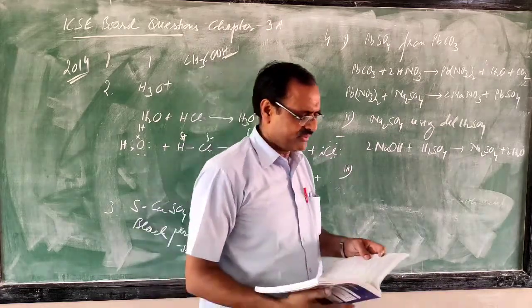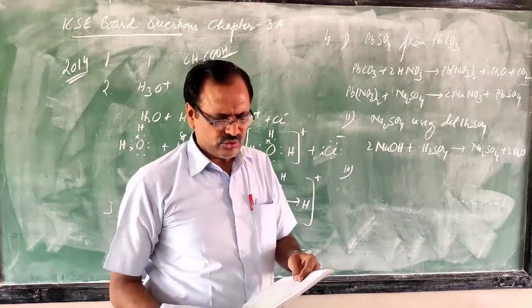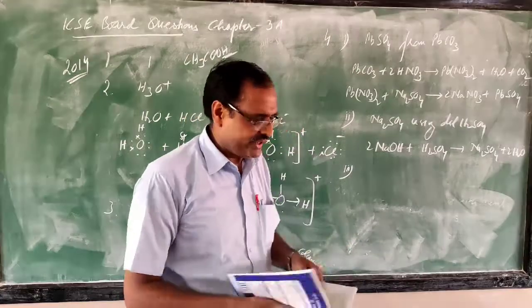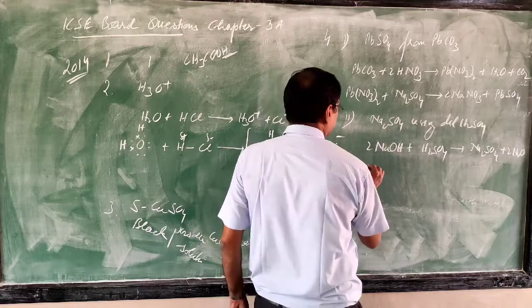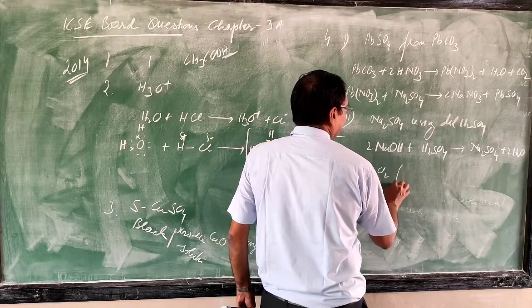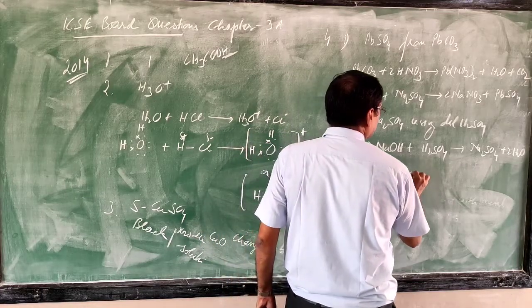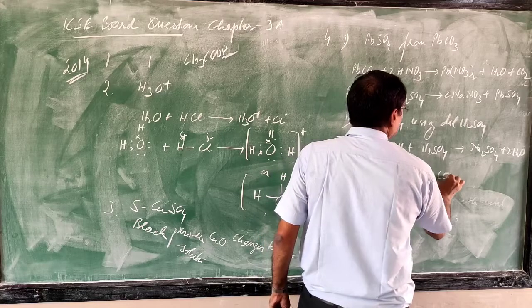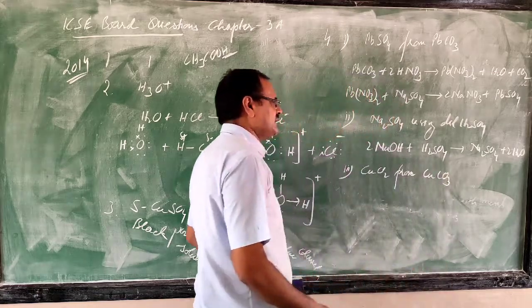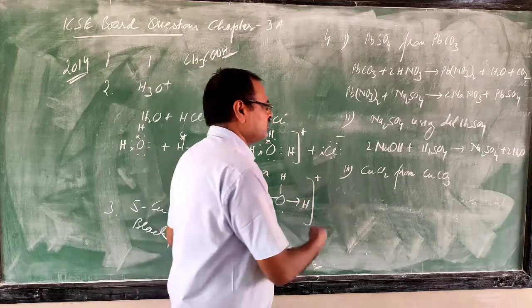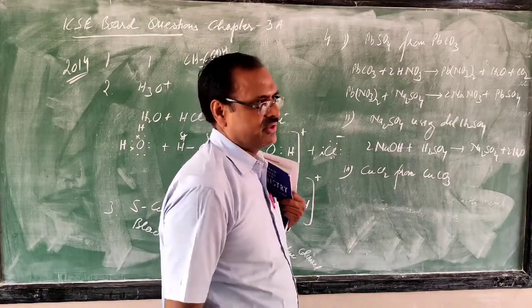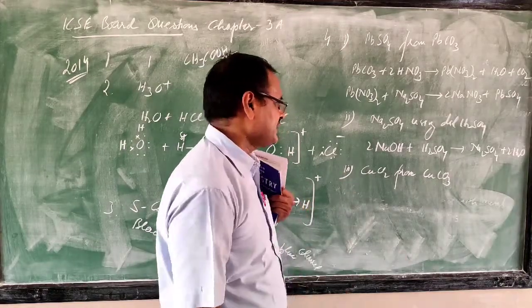Now the third one, copper chloride from copper carbonate. Copper carbonate is insoluble and copper chloride is soluble. So here one step is required.